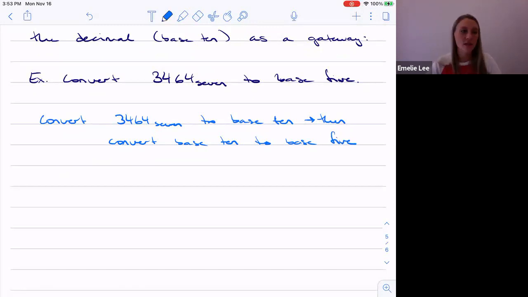So that's generally how you can move between any base. So we already know how to convert between bases. It's just got that extra step of going between base 10 and something else.